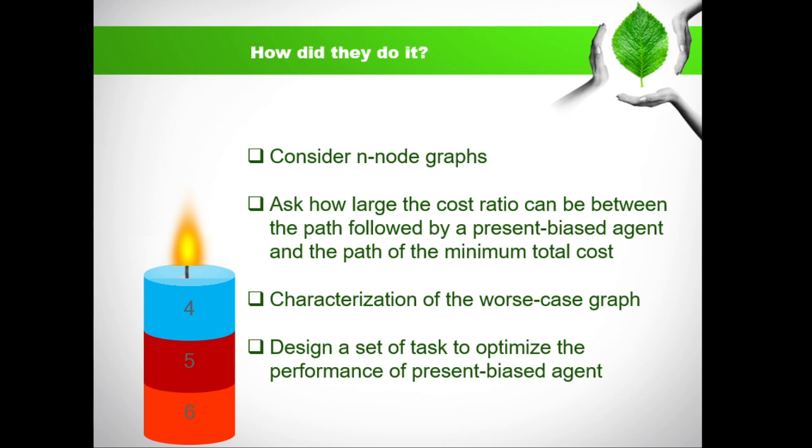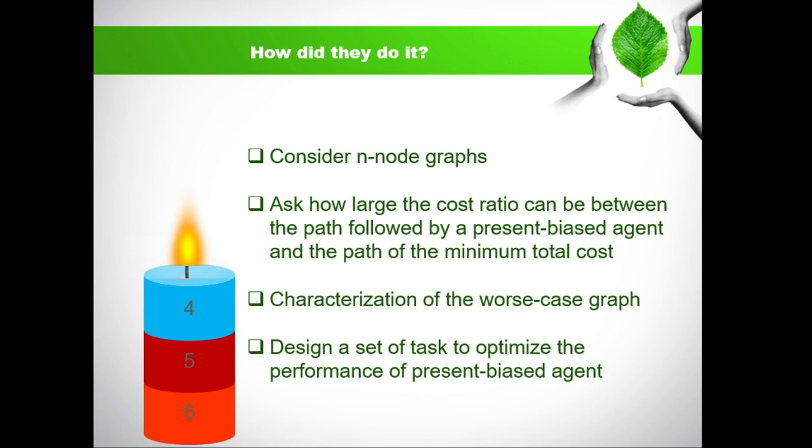It also considers the possible paths followed by agents with different present bias parameter beta as it sweeps beta over the interval 0 to 1. This is a type of parametric path problem where the choice of path is governed by a continuous parameter, beta in this case.